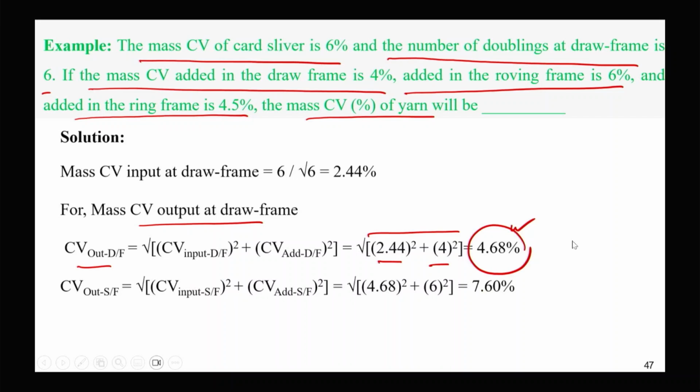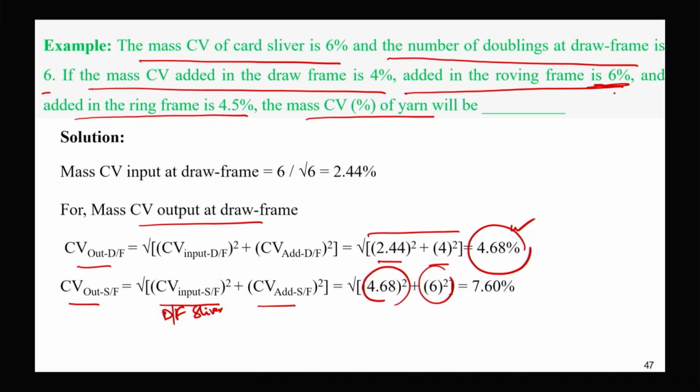Then the mass CV of the speed frame, that is roving: the CV input of the speed frame means the output of the draw frame, that is the draw frame sliver, and what is added at the speed frame. So the draw frame sliver was 4.68 and added at the speed frame is 6%.